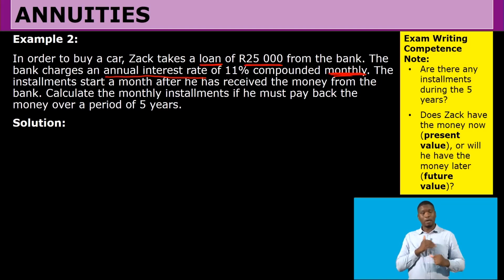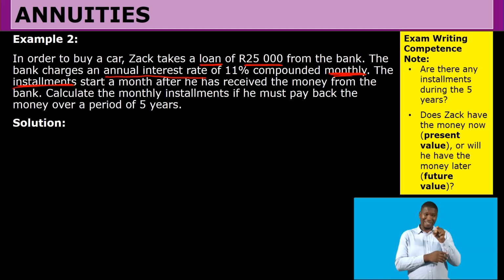Now, the installments, our keyword there, meaning we are going to choose the formulas that have X, which represents our installments. So the installments start a month after he has received the money from the bank, which is usually what happens in a normal case.